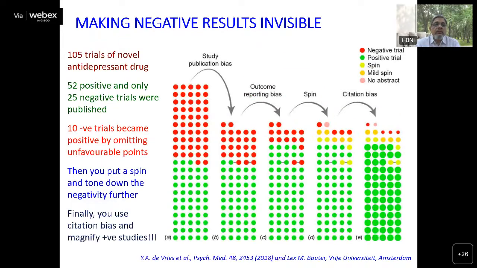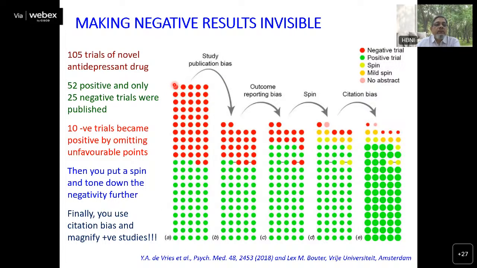So let's see one example of how to make negative results invisible. Here you can see a set of trials of a biological research. These dots represent some 105 trials of a drug which is being tested.